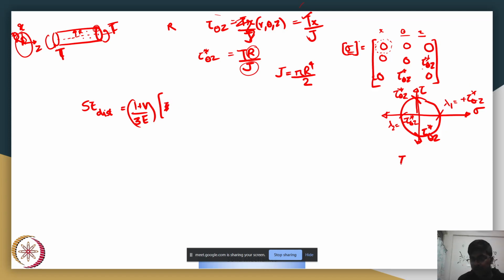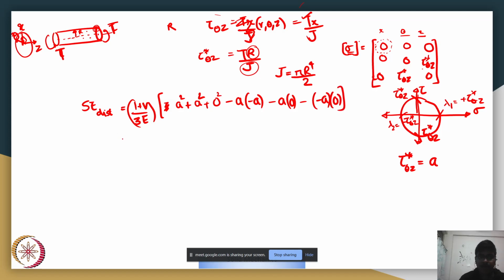To simplify this, I'll rename tau theta z to be some variable a. So it's a square, plus lambda 2 square is again a square, lambda 3 square is 0, minus a into minus a, minus a into 0, minus a into 0, right? This is nothing but (1 plus nu) by 3 times 3a square. This is your distortion energy, and this should be less than or equal to (1 plus nu) by 3 times sigma y square.